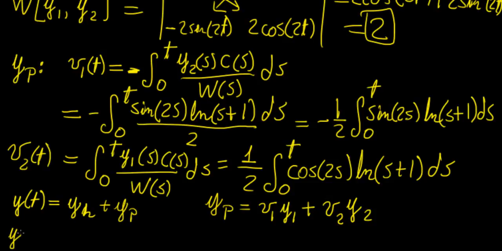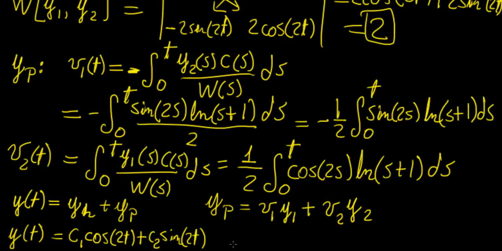So if we put these two things together, we're going to get the following. y_h, we found, was c1 times cosine of 2t plus c2 sine 2t. I'll see if I can fit all of this in one line, because it's going to be a really long equation. So v1 times y1, well, y1 is a lot simpler, so it's just cosine 2t. I'm going to put that outside, but we have this minus here.